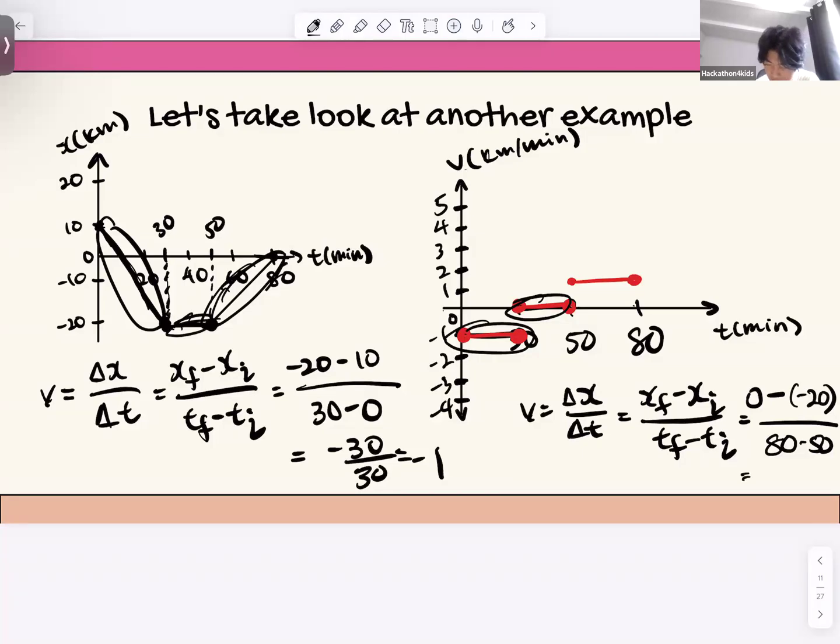So two negatives make a positive. Okay, wait, actually it would be 2 over 3. My bad. Okay, it's actually not 1.5. It's actually 2/3.